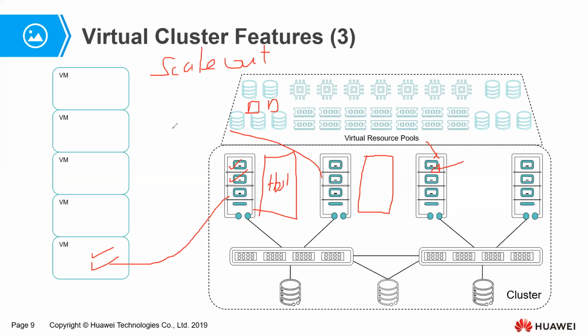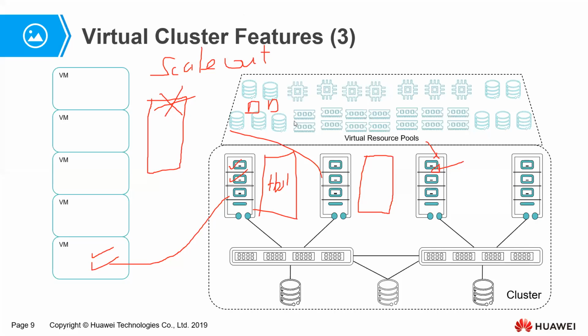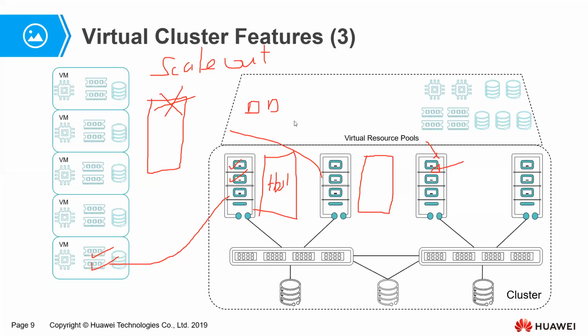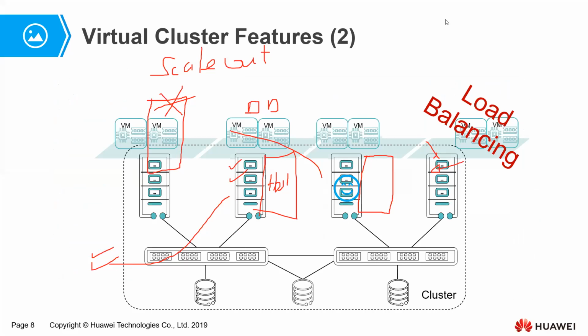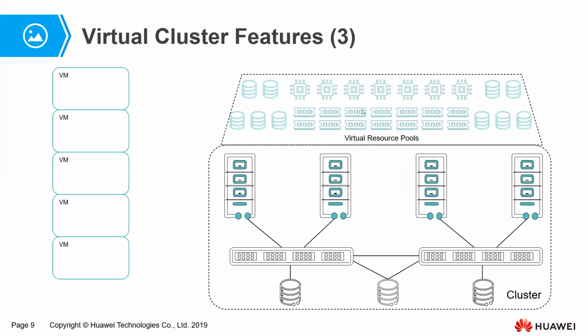Because if you have to scale out or in on a physical device in a non-virtualized environment, you have to power off the machine, and then you're able to scale out. So as you're seeing in this animation here, let me clear my drawing. We have our virtual resource pools. We have our different hosts which are connected to our cluster here. This is our cluster.